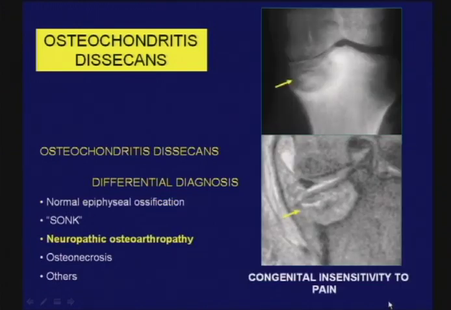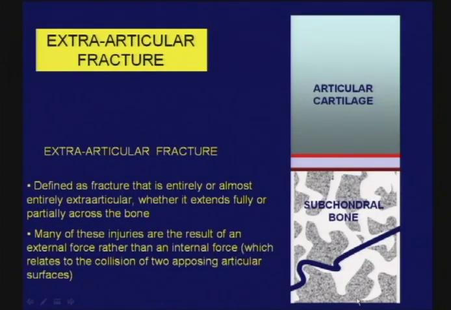Neuropathic osteoarthropathy can lead to bizarre lesions and fractures and depressions at the end of the bone. This was in a young person who had congenital insensitivity to pain. And then finally, extra-articular fractures, defined as fractures that are entirely or almost entirely extra-articular, whether they extend fully or partially across the bone.